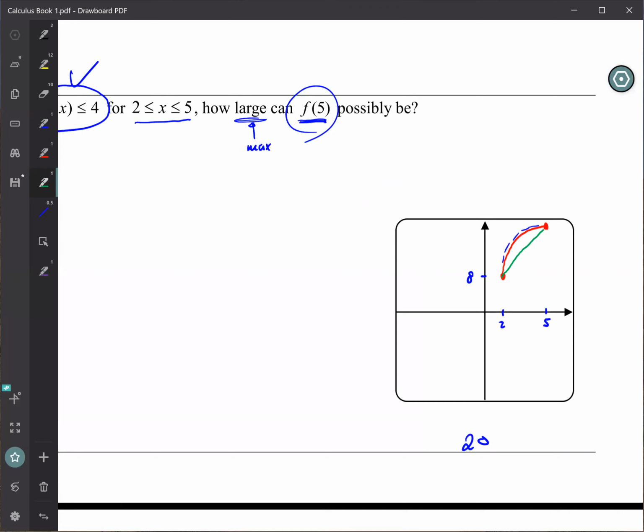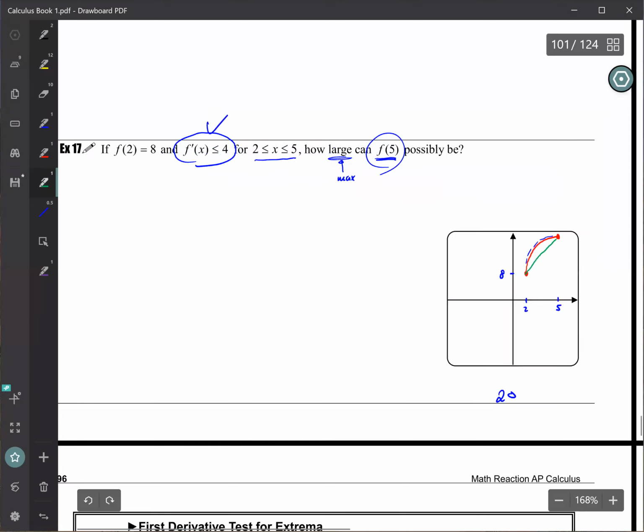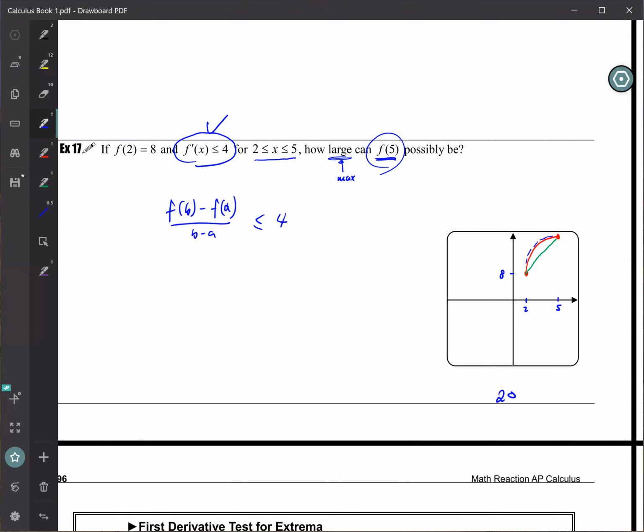So we just take the slope. We want to make sure the slope between 2 points is less than or equal to 4, because that will guarantee the slope in between is less than or equal to 4. So that's the idea.